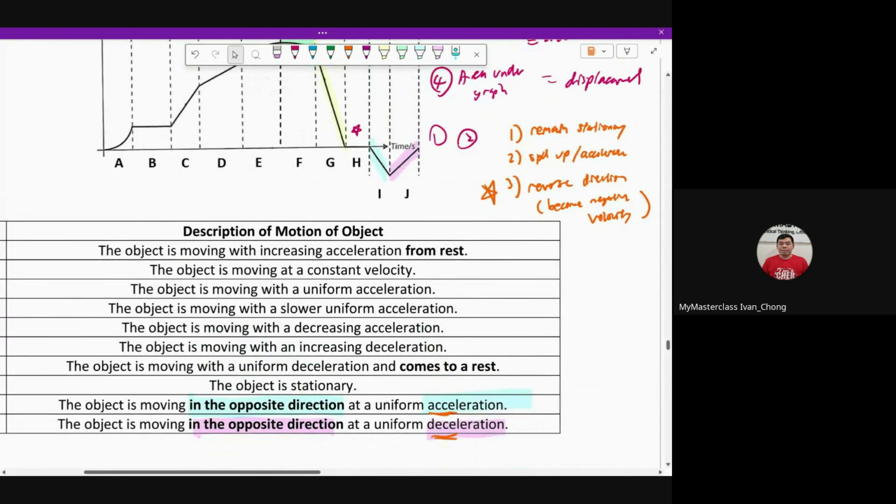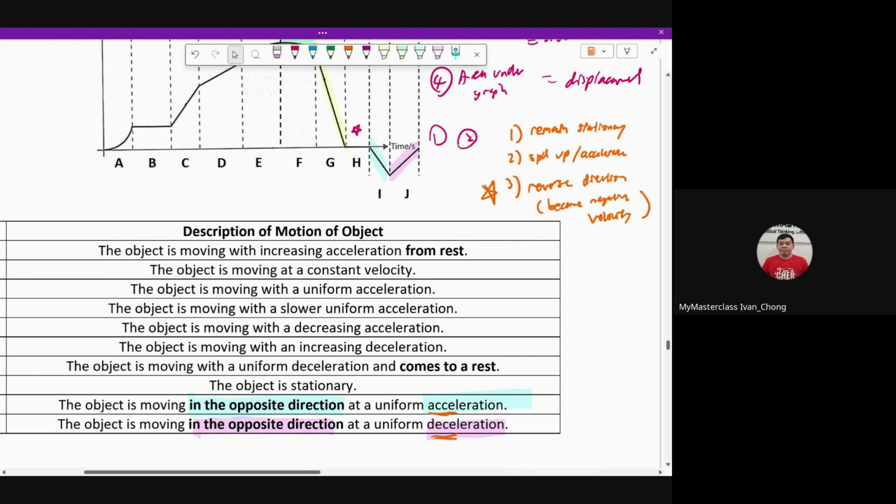So whenever you have any graph that is underneath your axis, you will always need to flip the sign. Your positive becomes negative, your negative becomes positive. So normally, I interpret this as a uniform deceleration. I flip the sign, it becomes uniform acceleration, but I will include the words in the opposite direction.